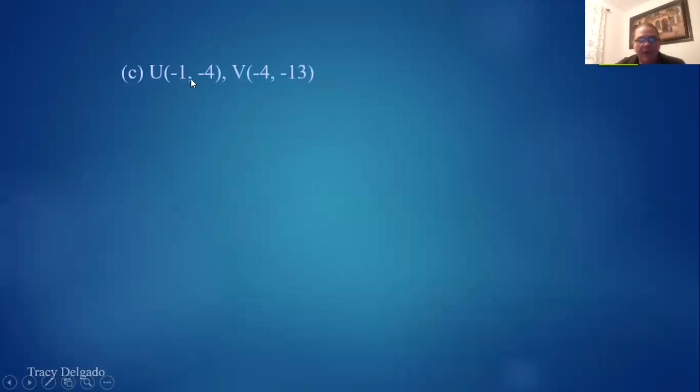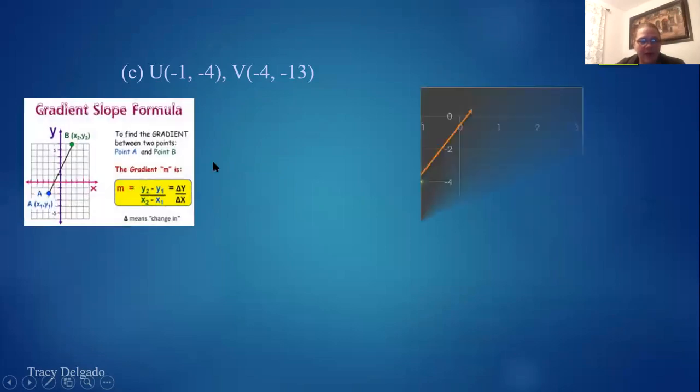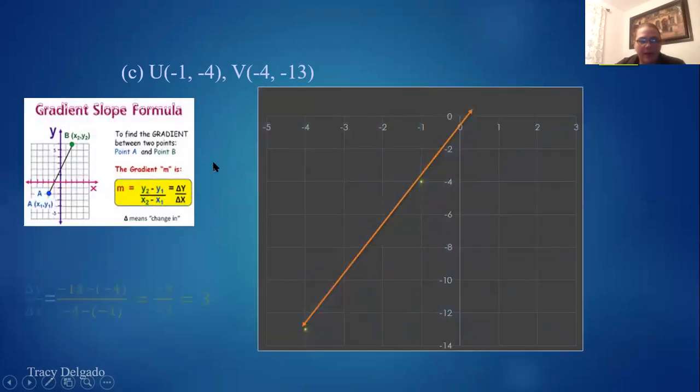Okay, in this one we have U and V. And we're going to do the same way. We're going to do the change in y over the change in x equals minus 13 minus the negative 4, which gives us negative 9. Basically, these are being turned into plus signs. We have a minus a negative number.